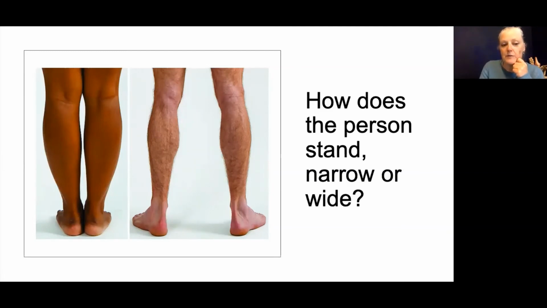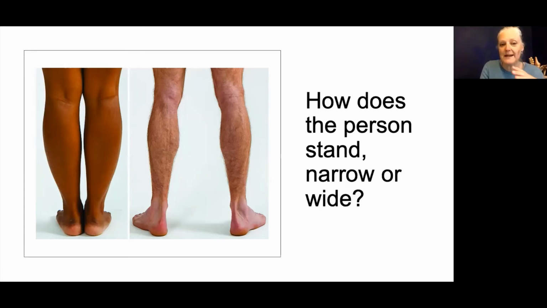Now, some people will always stand with a wide stance because their adductors, the muscles of the hip that bring the legs together, are weaker than the abductors of the hip, the muscles that take the leg out. That doesn't mean the adductors are completely weak.